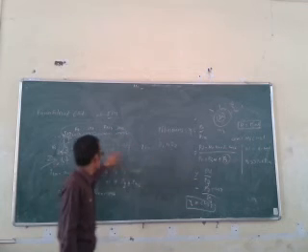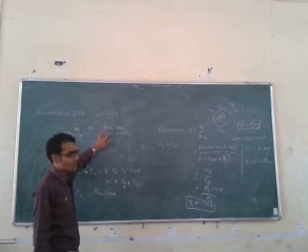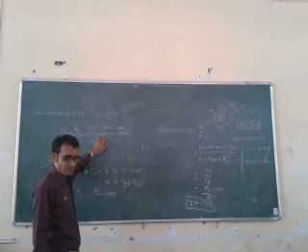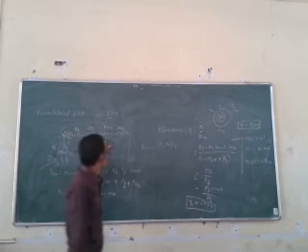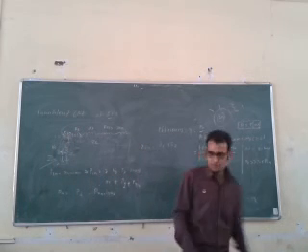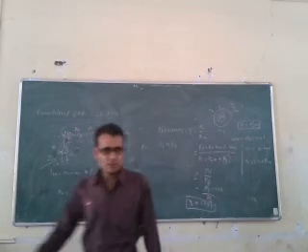Z1 is JXM. Z2 is RS plus RR by S plus J into XS plus XR.